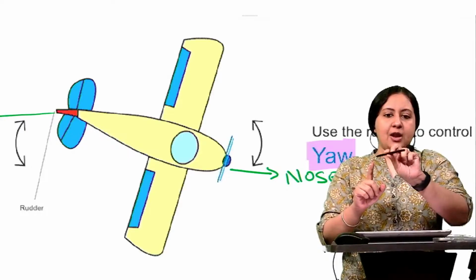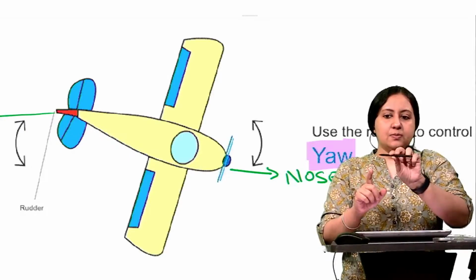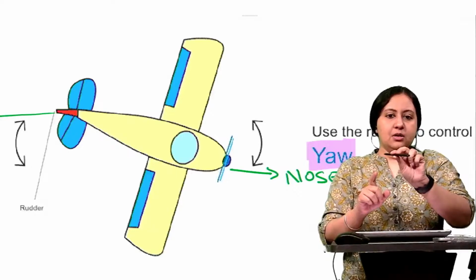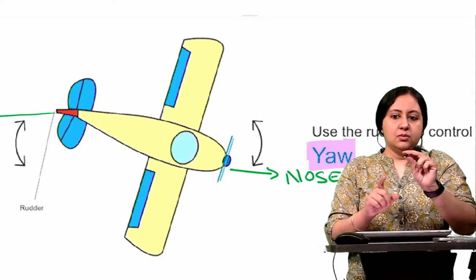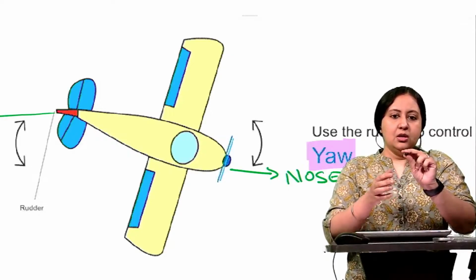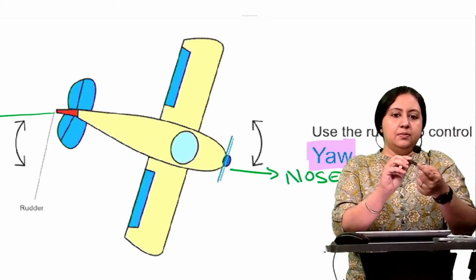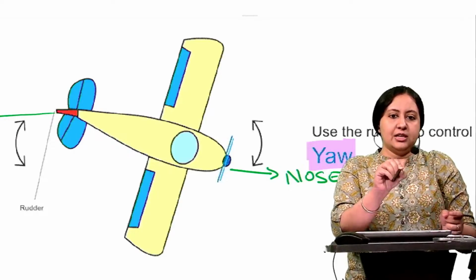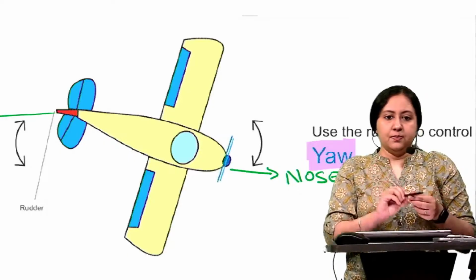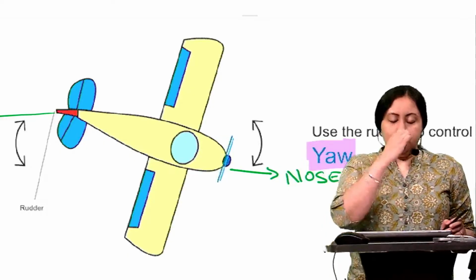If this airplane moves in this direction, this is the yaw.